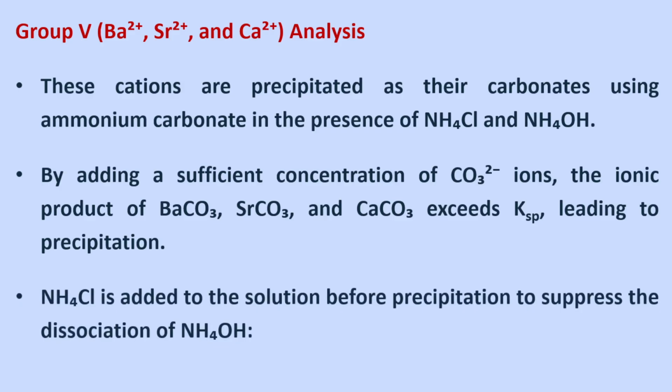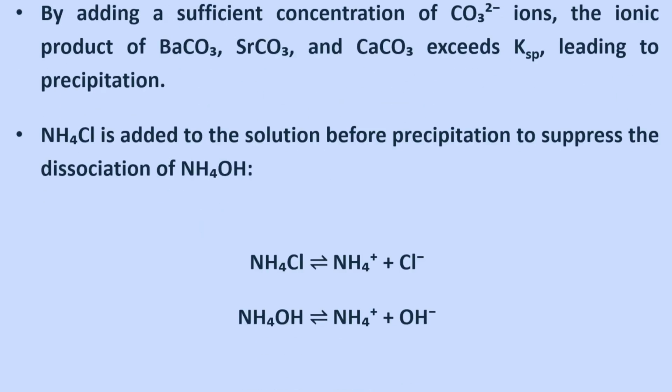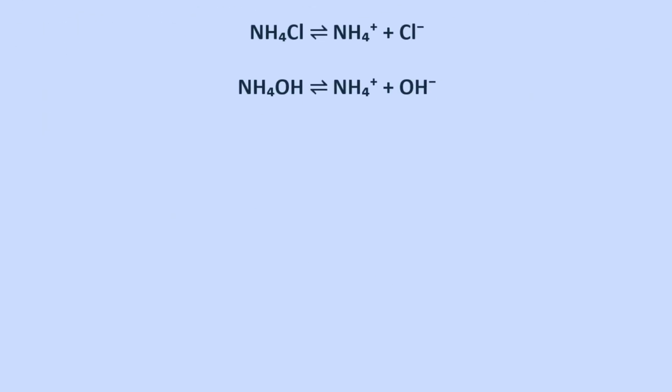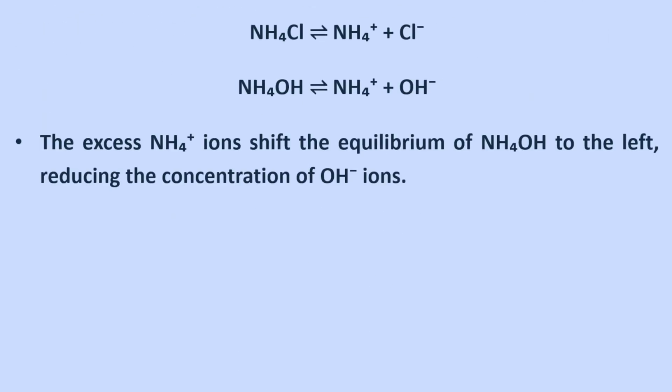But before this precipitation, we add ammonium chloride to this solution because ammonium chloride suppresses the ionization of ammonium hydroxide. Due to the common ion effect of ammonium, the second equilibrium shifts to the left, which means less hydroxide ion is produced.